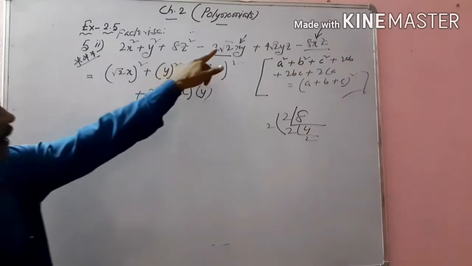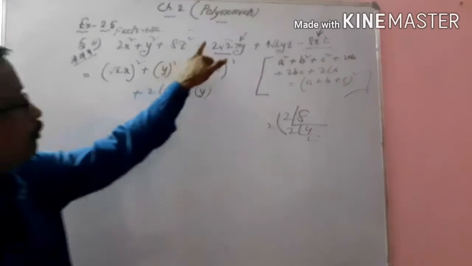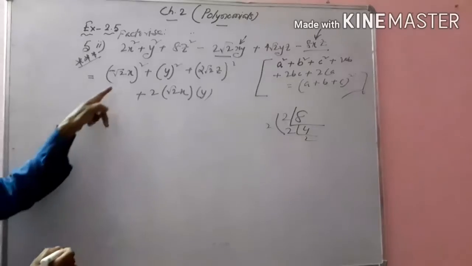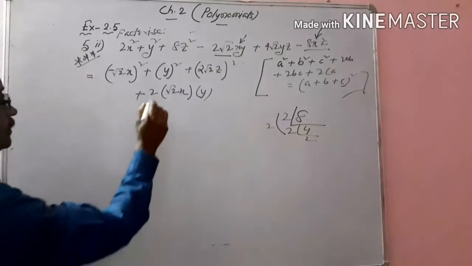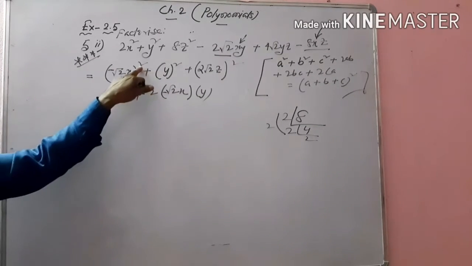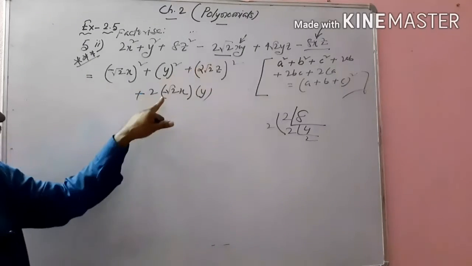So if you consider that x is minus, then automatically both will get minus form. So we can use minus root 2x. Why minus? To get it in the form of minus. But once you change this into minus form, as it is squared, nothing will be changed. Okay? Now that way you can break.